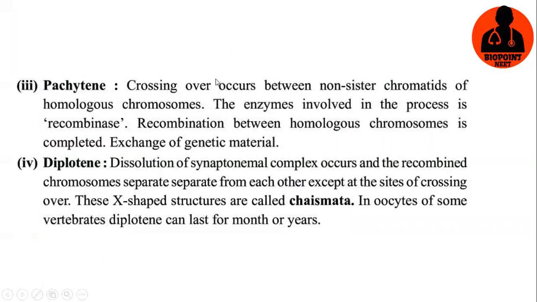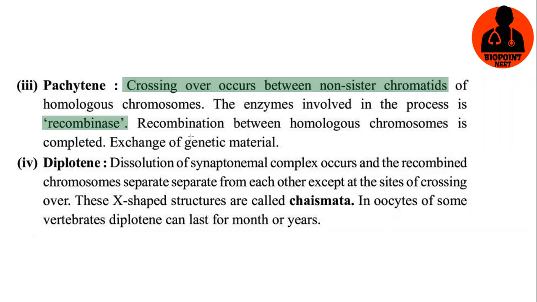Pachytene and diplotene. Crossing over occurs between non-sister chromatids of homologous chromosomes. The enzyme involved in this process is known as recombinase. Recombination between homologous chromosomes is completed and exchange of genetic material occurs.